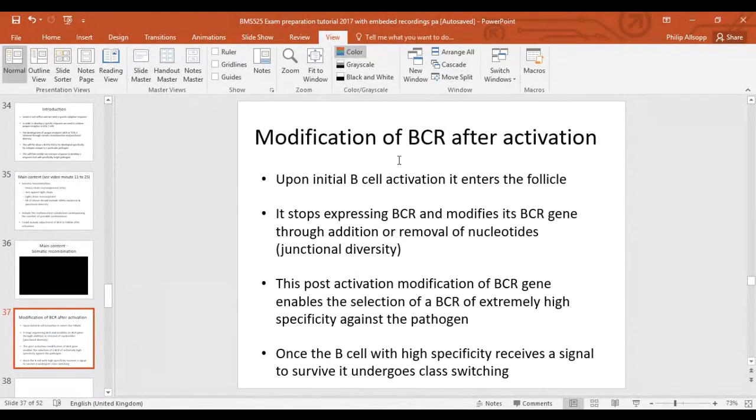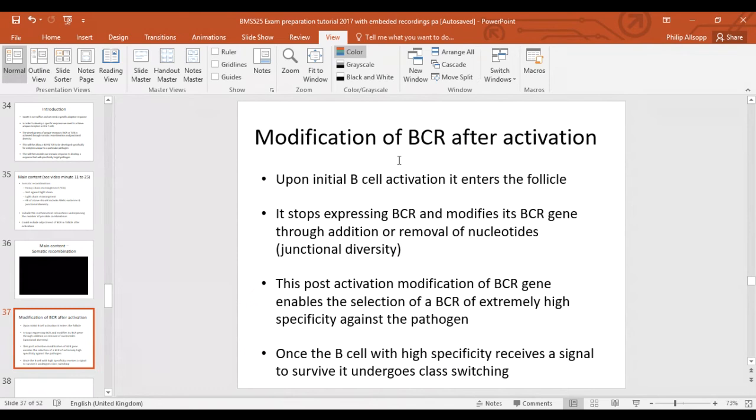And what I mean by that is every time a B cell receptor becomes activated for the first time, it will always express IgM. But at this stage, the follicular helper cell will instruct the B cell to either stay as IgM or to change to IgA, IgG, or IgE.